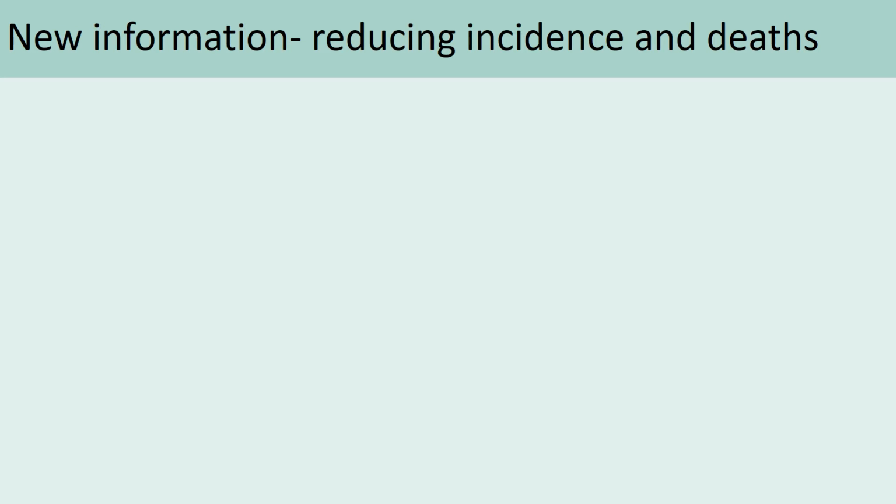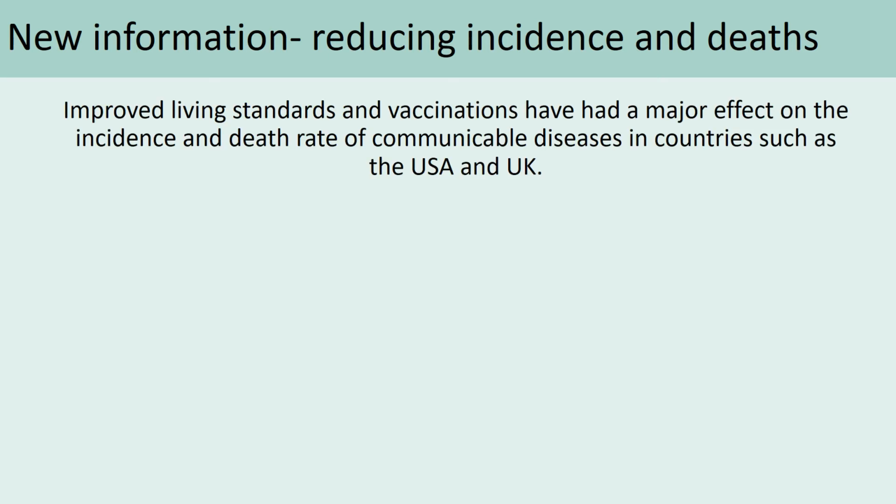Okay, so we're going to talk about some of the reasons why there are far fewer infectious disease deaths now than there was at the turn of the century. A big part of that is improved living standards. We are very, very lucky where we live that everyone has access to clean water that doesn't contain bacteria.